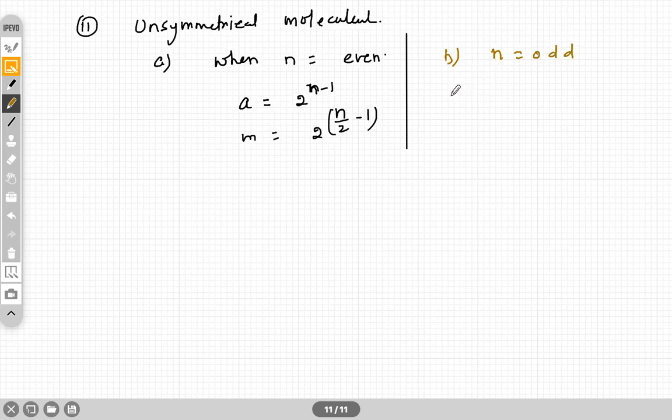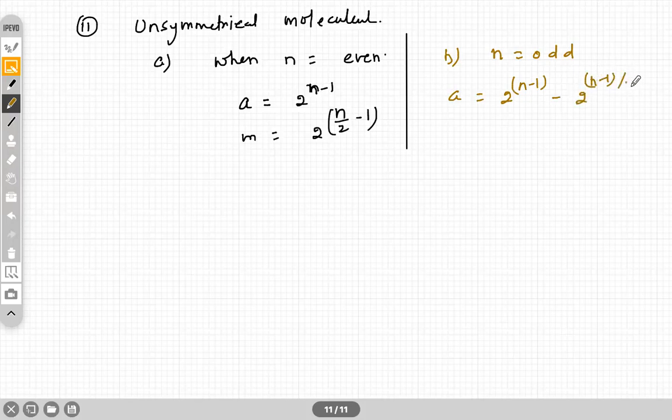If n is odd, then the A value is equal to 2 to the power n minus 1 minus 2 to the power (n minus 1) by 2. These formulas you have to memorize. M is equal to 2 to the power (n minus 1) divided by 2. Right?